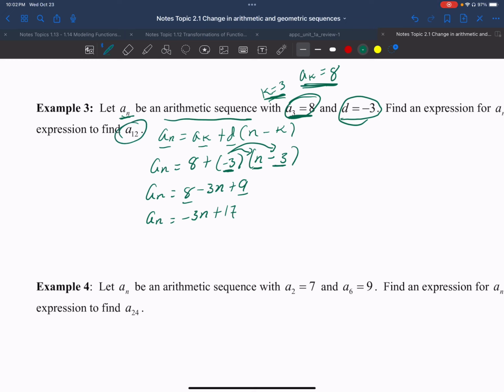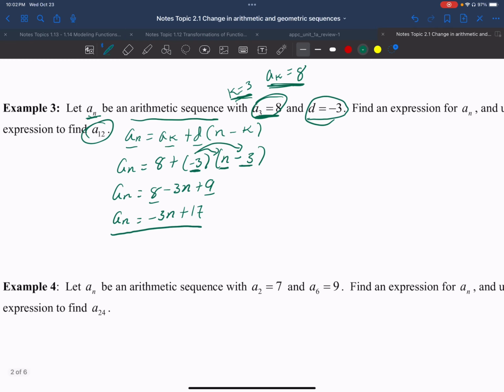So just like I did on the first problem, I can use this equation and replace my n with 12. So what I'm going to do is start plugging in and then solve. So a sub 12 equals negative 3 times 12 plus 17. So a sub 12 is equal to negative 3 times 12, which is negative 36, plus 17.